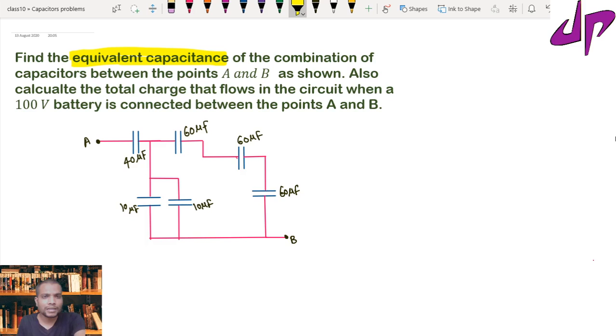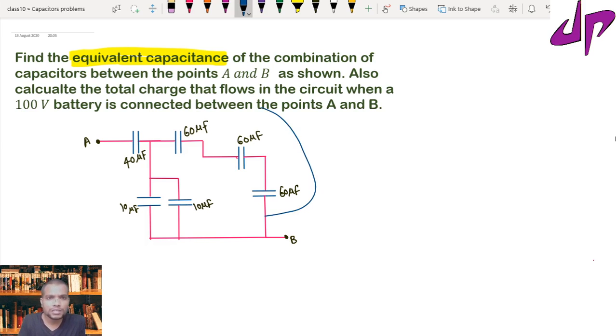We will follow a method known as the reduction method. Let us observe carefully how we can make this big circuit small.